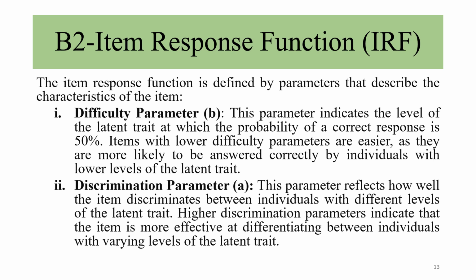It is not performing the basic function of measurement, that is classification. If all students mark an item correct, there is no need to include that item in the paper. On the other hand, if all students mark an item wrong, then again there is no need to include that item in the paper.